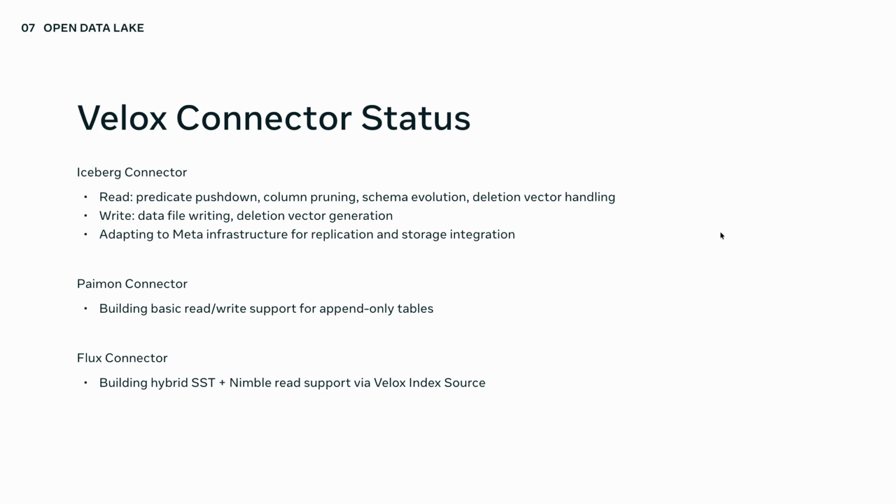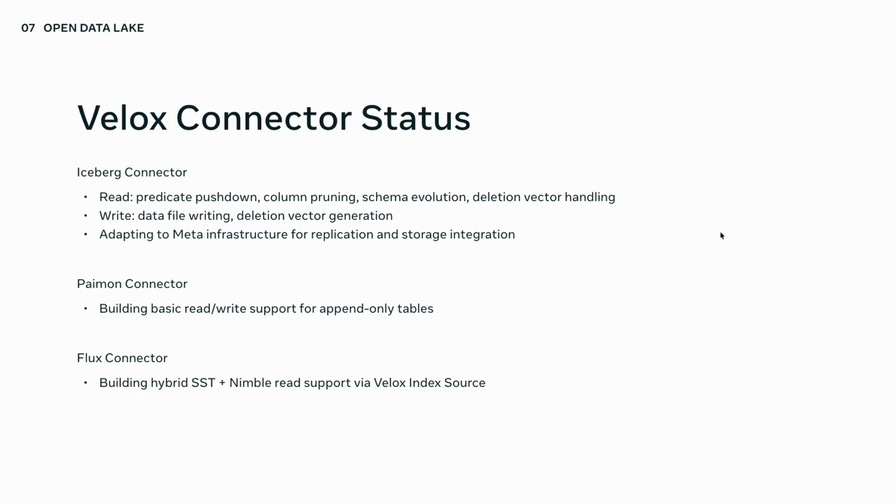As next steps, we will tune the performance for Meta use cases, and also add support for the Nimble file format, like adding field ID schema management inside the Nimble file format.